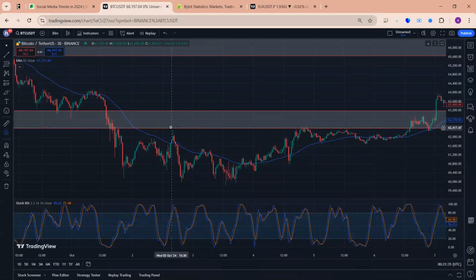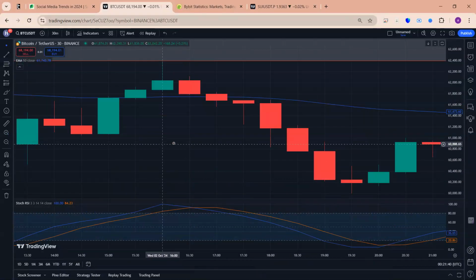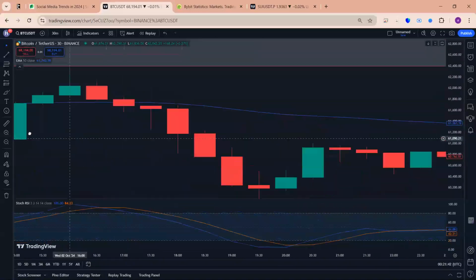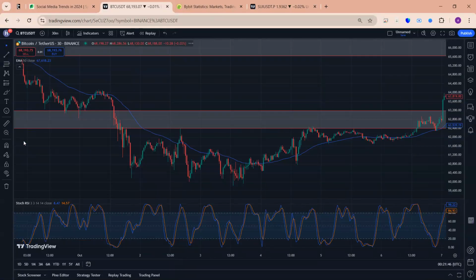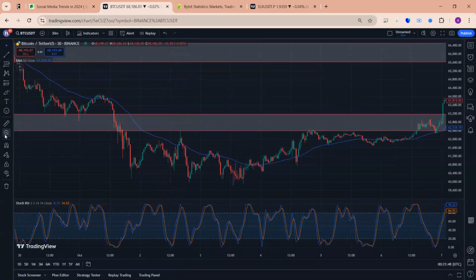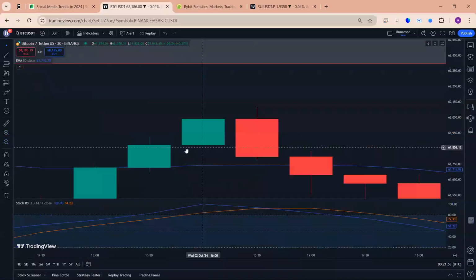So I'm going to expand it. Or is it? Sorry. This is it. So this is the hammer candle here.